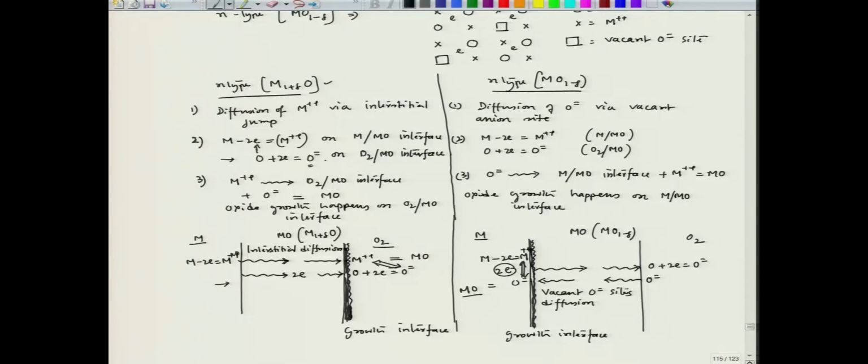This is the typical difference between the oxidation mechanism in these two situations. Both are n-types, but in one case you have metal cation interstitials, and in the other case you have oxygen vacant sites. Now, let us see the situation in the case of p-type.